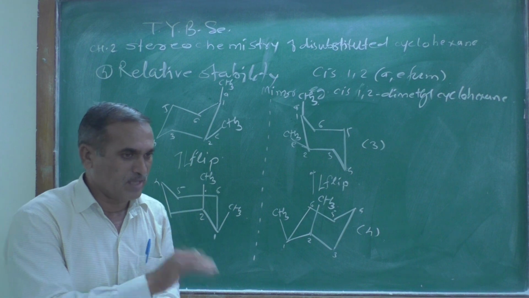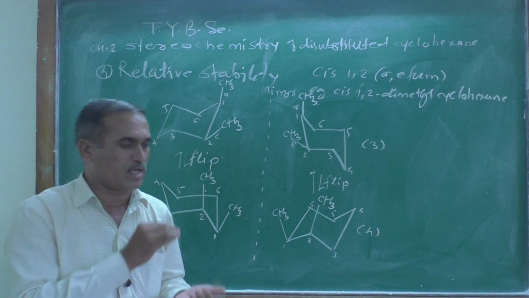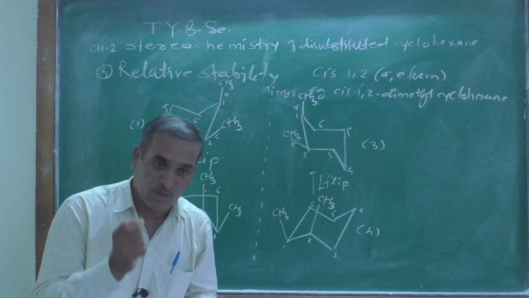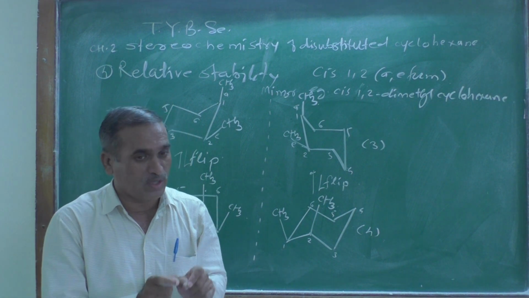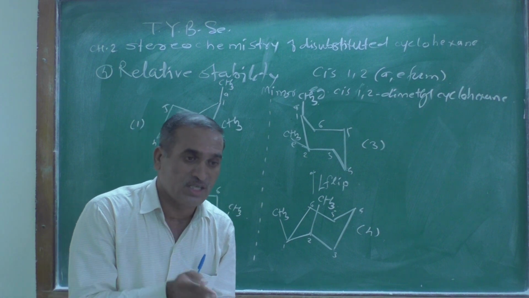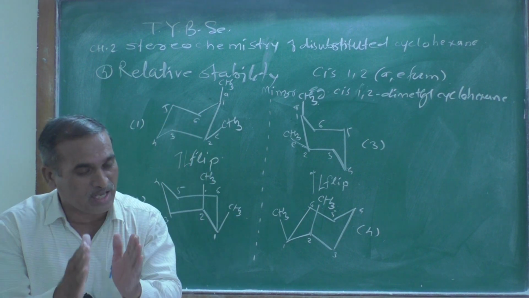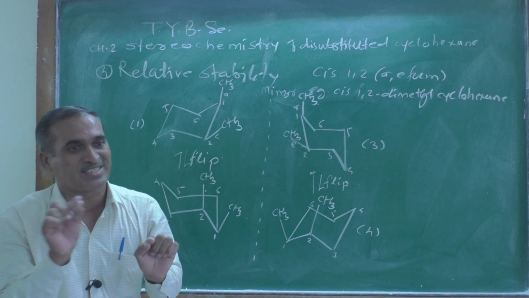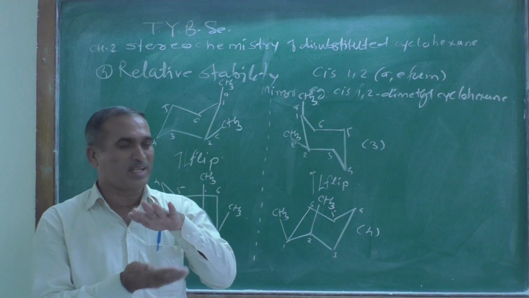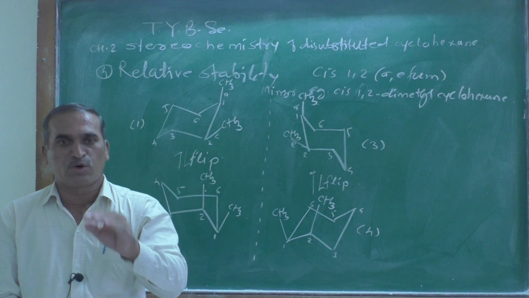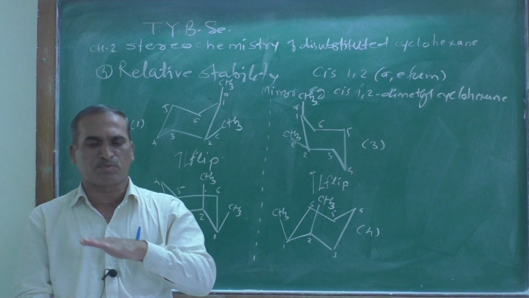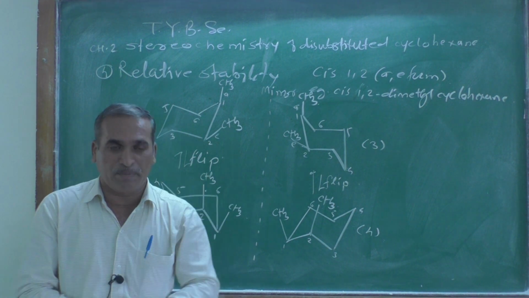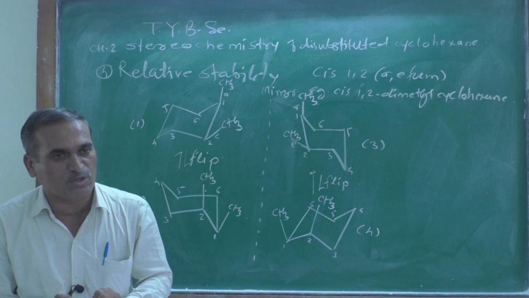In the previous lecture, yesterday's lecture, we talked about geometrical isomerism. Does 1,2 disubstituted cyclohexane show geometrical isomerism? Yes, it shows geometrical isomerism, as cis and trans. Cis means what? In the case of cyclohexane, if both the methyl groups or both the substituents are on the same side of the general plane, that is called a cis isomer.